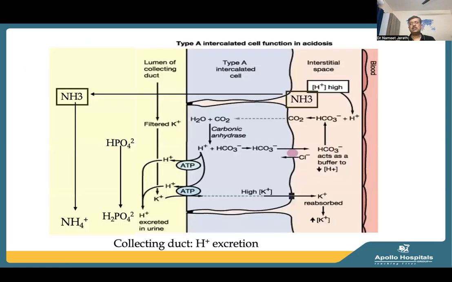More importantly, sometimes it is not easy to differentiate the reason of acidosis or the reason of loss of bicarbonate. So the kidneys tend to excrete the hydrogen ion as an ammonium salt. So it excretes the ammonia as ammonium chloride and excretes H plus ions out of the body.